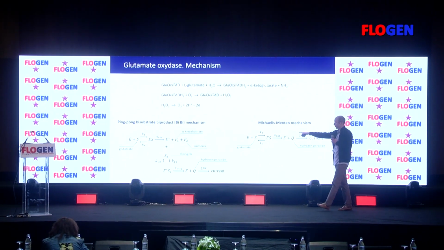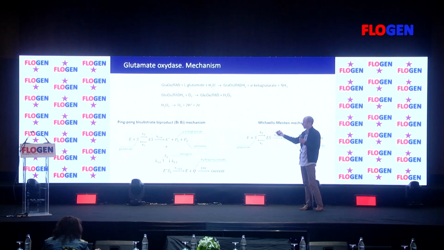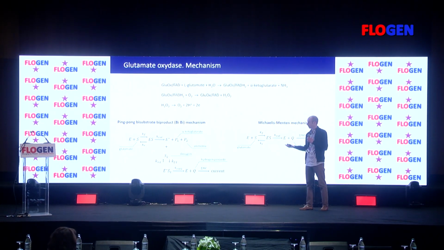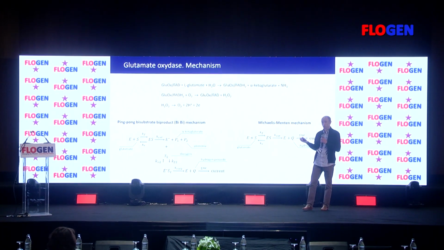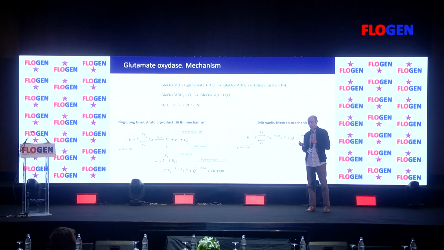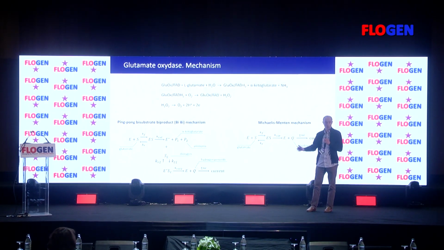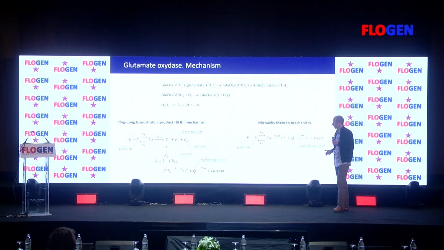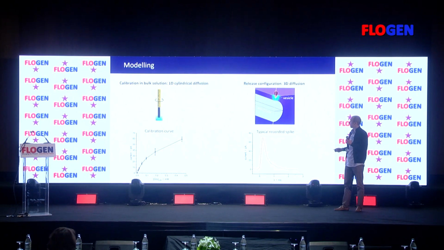As you noticed here, this mechanism is quite complicated and contains a lot of kinetic constants, so a lot of information. Basically we need to extract all this information from somewhere to populate our model in order to be able to simulate this kind of situation. And our approach was relatively simple.